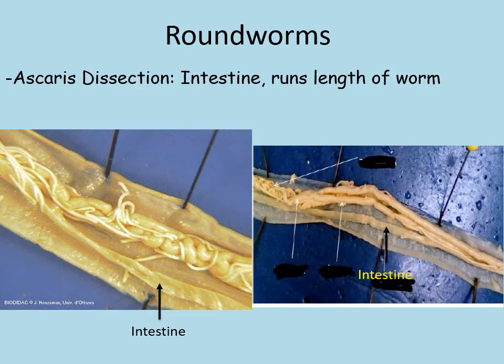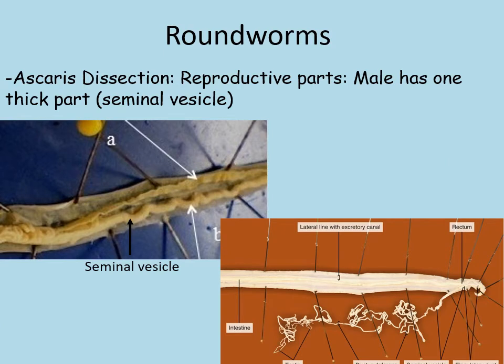You can see the intestine I have highlighted in both of these dissection photographs. The intestine looks like a flat, thin piece of tape. It's very, very thin and delicate. It just runs along the length of the roundworm's body. So that's the intestine. The other feature to see is the reproductive parts.